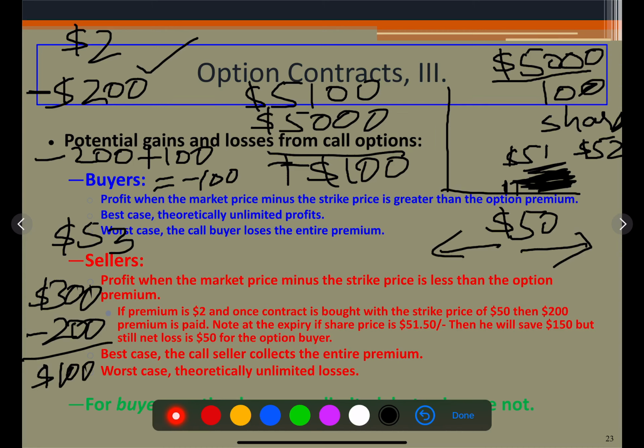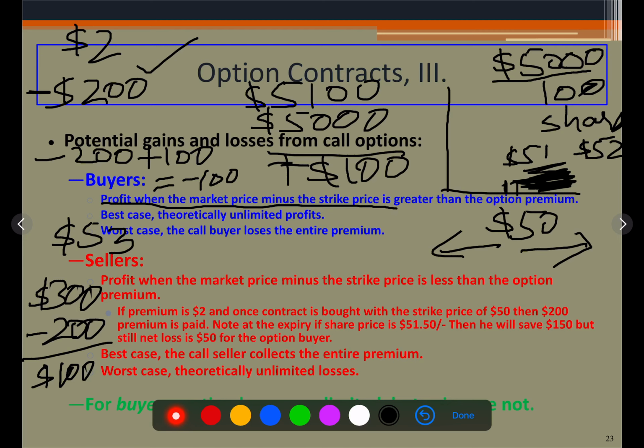Is it clear? So this shows what it means by this line: the buyer profits when the market price minus the strike price is greater than the option premium. In that situation, the buyer can make a profit. Now theoretically, in the best case scenario, he can have unlimited profit.